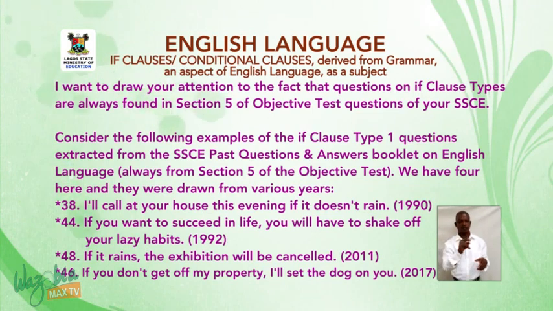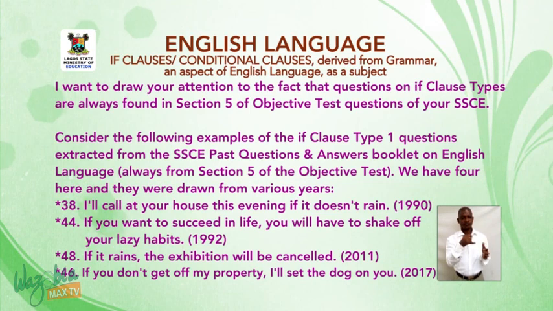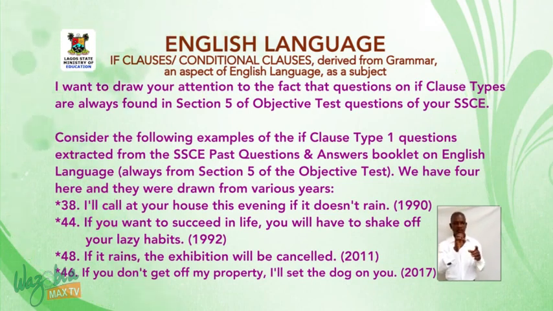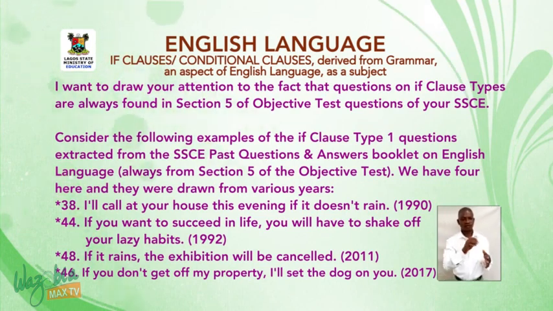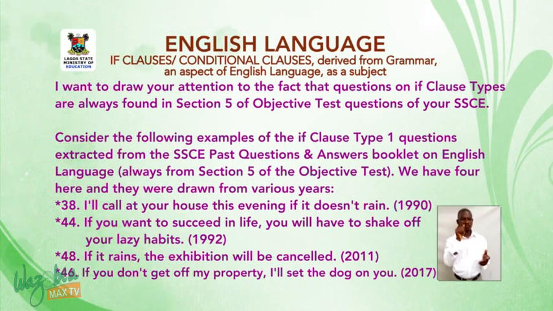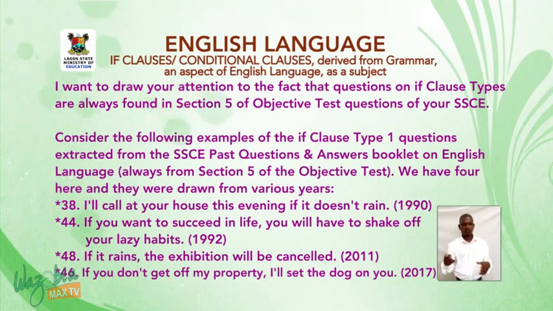Question number 48, drawn from 2011, says, if it rains, the exhibition will be cancelled. And question number 46, drawn from 2017, says, if you don't get off my property, I'll set the dog on you.